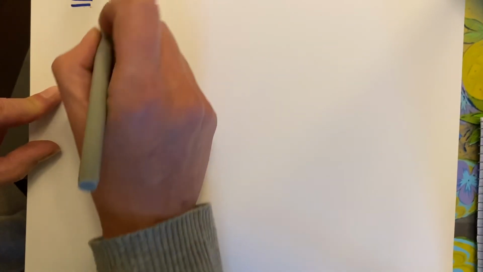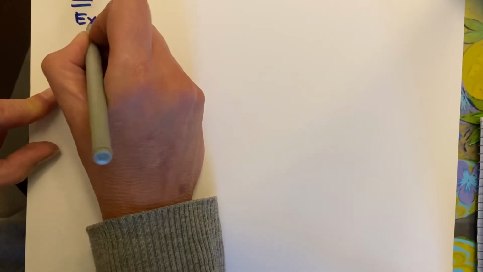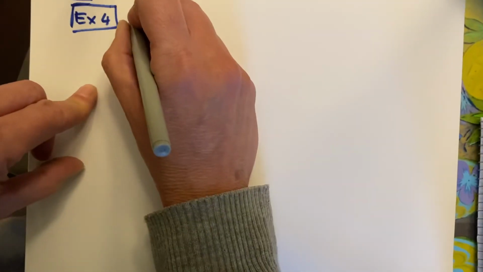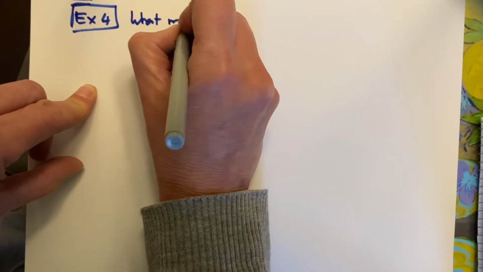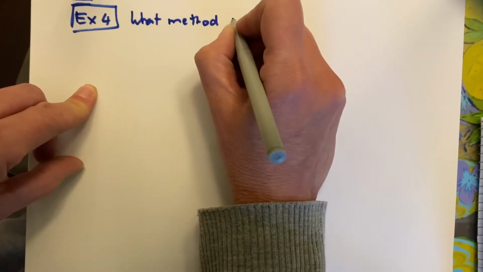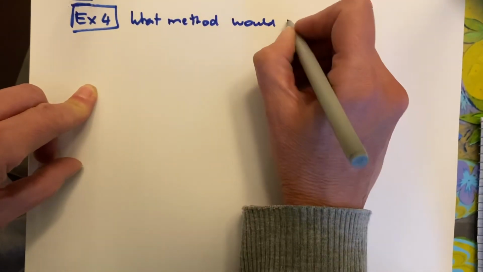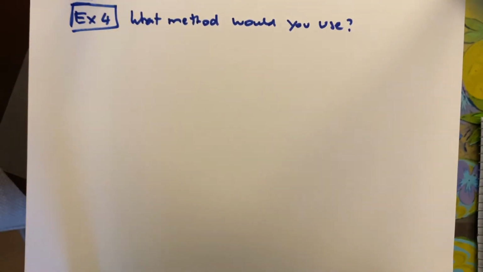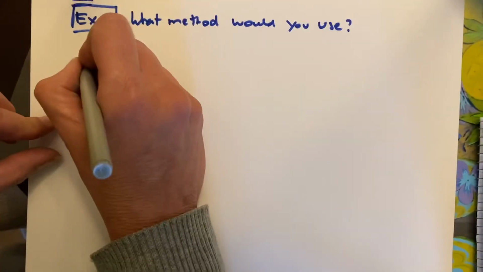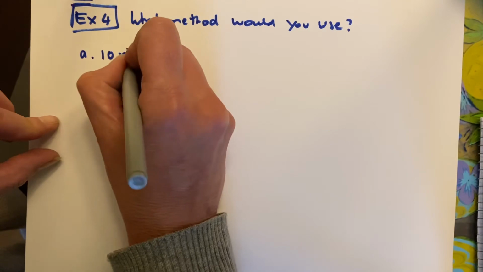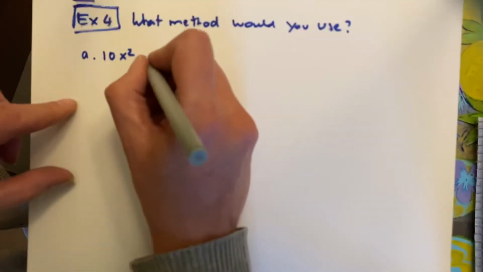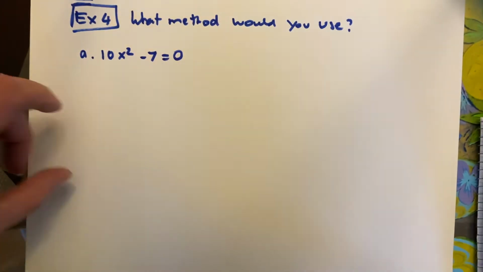And I've written it above the line. Let me rewrite it, example 4. What method would you use? The first one has 10x squared minus 7 equals 0.